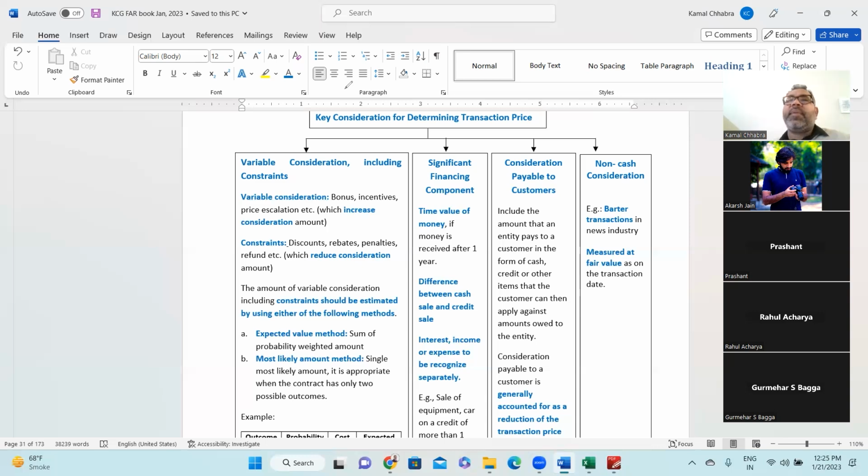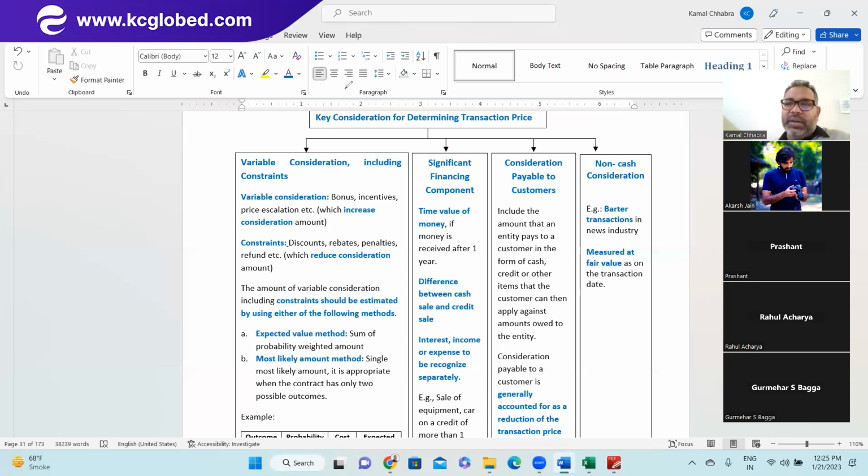First, you need to identify. If not, that means it is inbuilt into the transaction price, so you need to segregate that. Make sense? So the financing component is considered only when there is a significant financing option. For example, normally Ayush gives 45 days credit, and to Rahul he has given, let's say, 60 days credit.